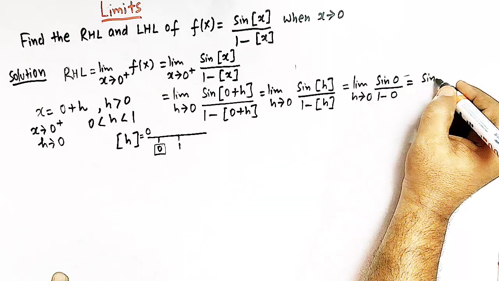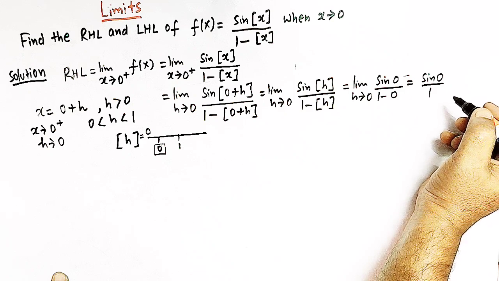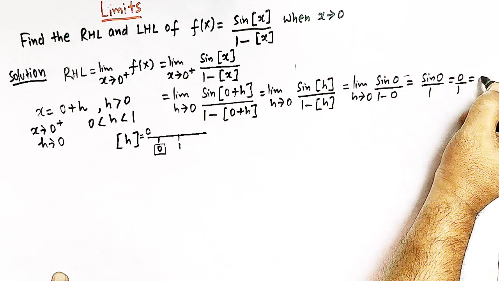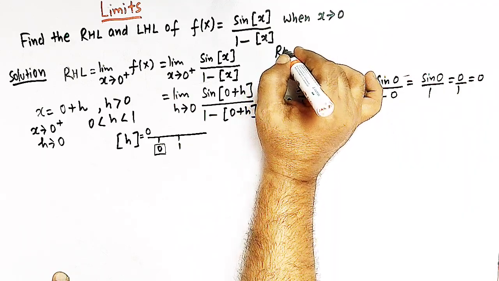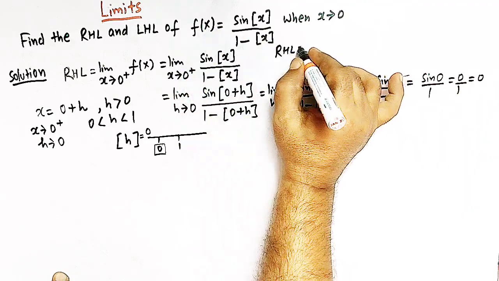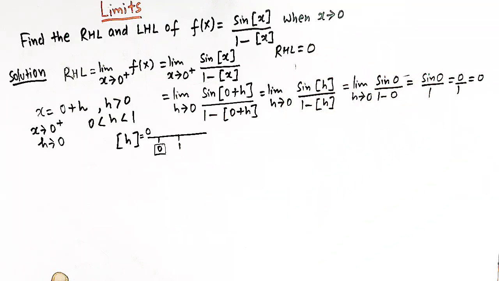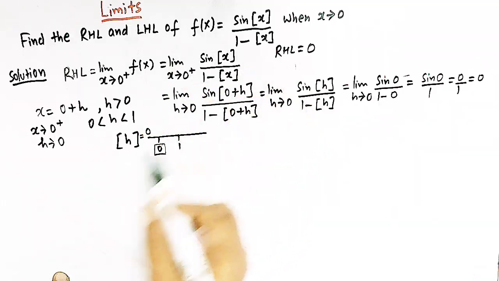So we have sine 0 over 1 minus 0, which is 0 over 1, and this is equal to 0. So the right hand limit of this function when x approaches 0 is equal to 0.